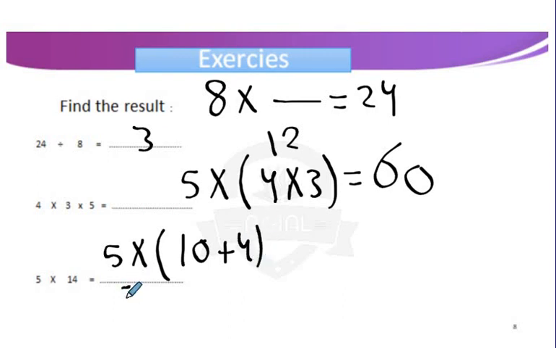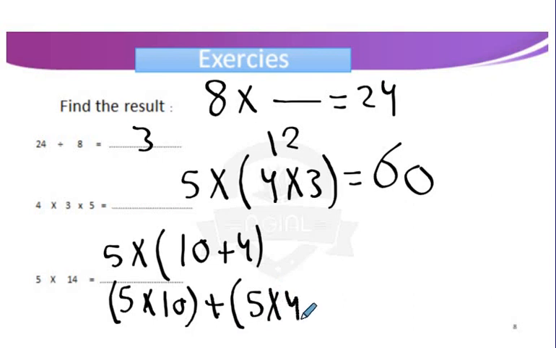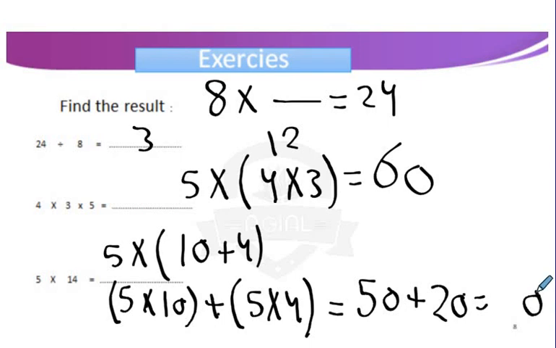And we multiply 5 multiply 10 at first, plus 5 again multiply 4. 5 multiply 10 equals what? Excellent, equals 50, plus 5 multiply 4 equals, excellent, 20. Find the sum. 0 plus 0 equals 0, and 5 plus 2 equals 7. So 5 multiply 14 equals 70.